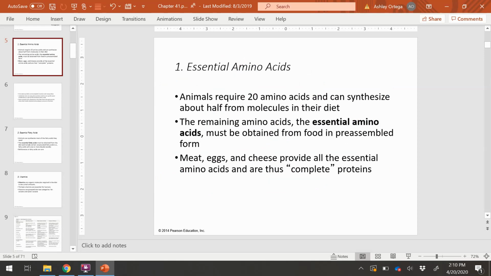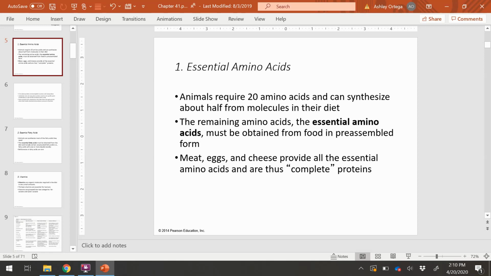First one being essential amino acids. As you may remember, there are 20 amino acids that make up proteins, and animals can make about half of those. The remaining ones, the essential amino acids, must be obtained from the food in a pre-assembled form.